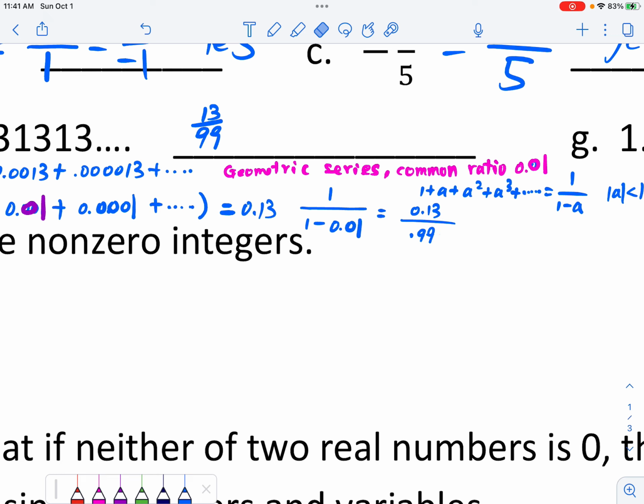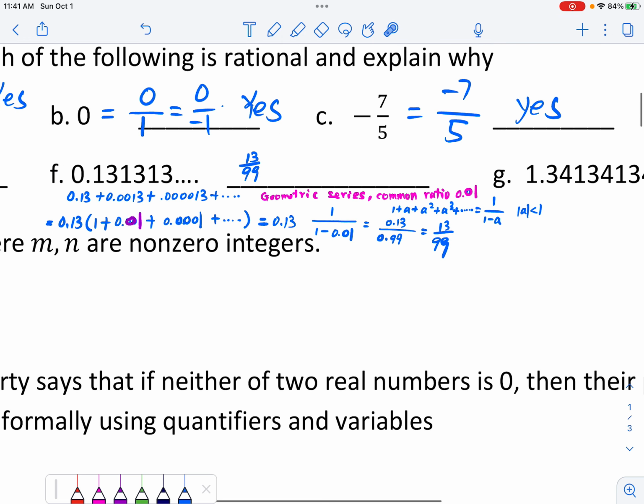Therefore, this is actually 0.99, so 13 over 99. Let's make sure that it is right. Okay, I did check using my calculator. It is correct. Sorry about that.